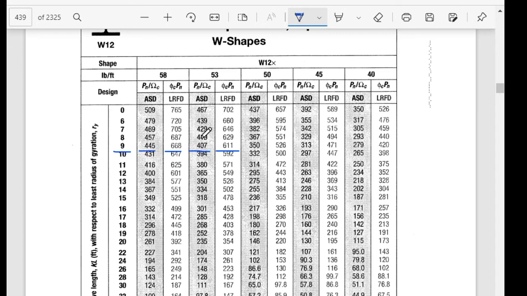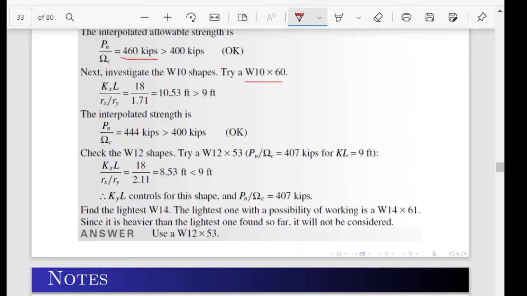So, we will check W12 by 53 with allowable strength 407, no? So, we'll check W12 by 53 first with 407 allowable strength, then solve for the effective length at the strong axis.